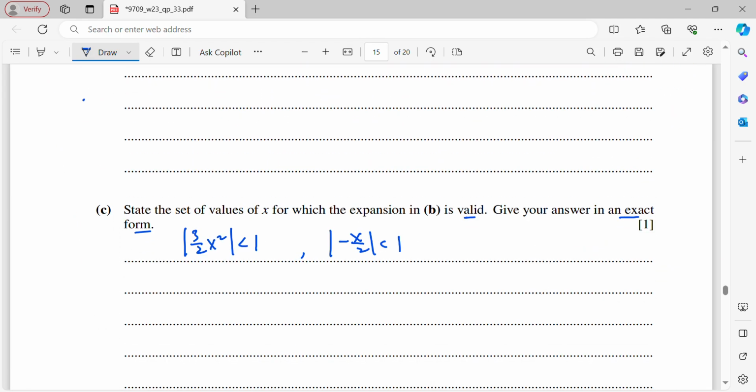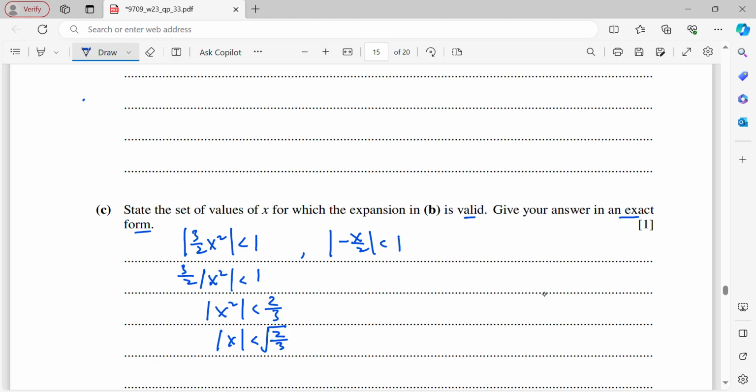So I need to find the common x that's satisfied by both inequalities, which means now when I take out the constants, I will get modulus x squared less than 2 over 3. Then the modulus x will be less than square root of 2 over 3.